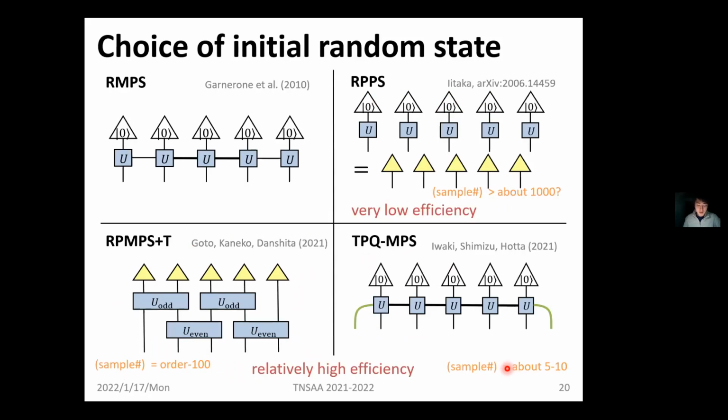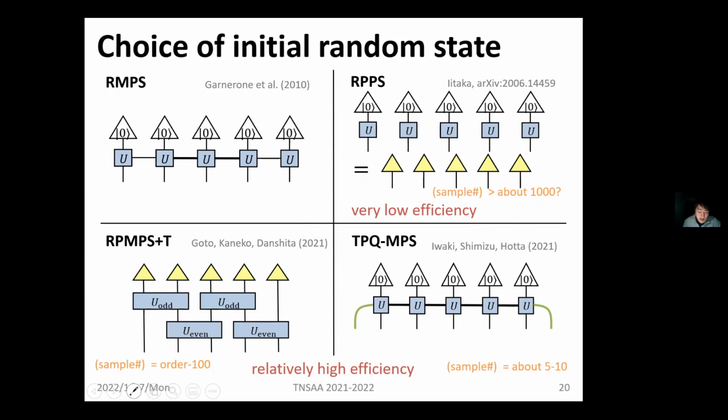These figures show different types of initial random states. Goto-san et al. showed that the RPPS method has a low efficiency, so that they couldn't accurately calculate the physical quantities. The RPMPS plus T method has relatively high efficiency and is better than the purification method in some cases.